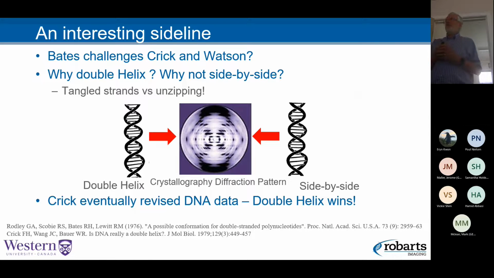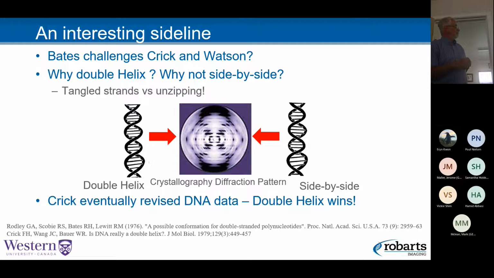An interesting sideline was when, I think just after I graduated with my doctorate, Richard challenged Crick and Watson with respect to the structure of the double helix, because he had seen these crystallography diffraction patterns.